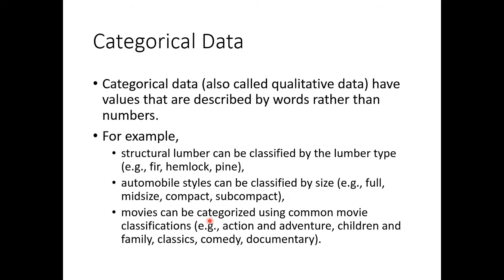For example, automobile style can be classified by size: full size, mid size, compact, subcompact. These words are categorical data. Or movies can be categorized using the common movie classification: action, adventure, children, family, classic, comedy, documentary, something like that. If some data can be given by words, then it is called categorical data.